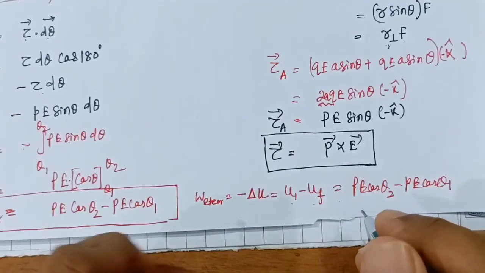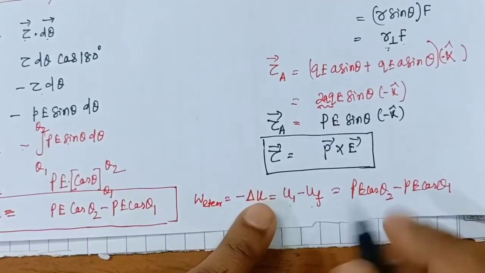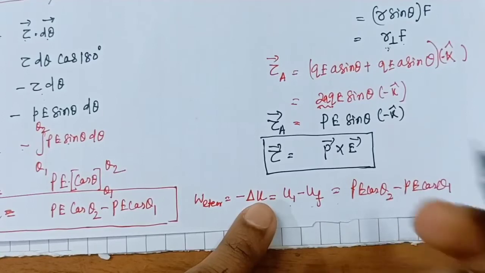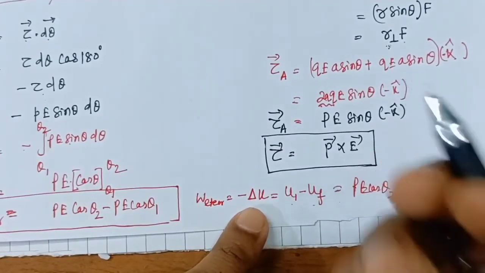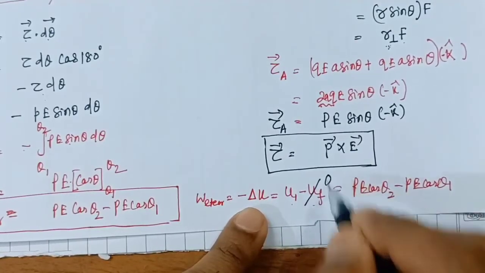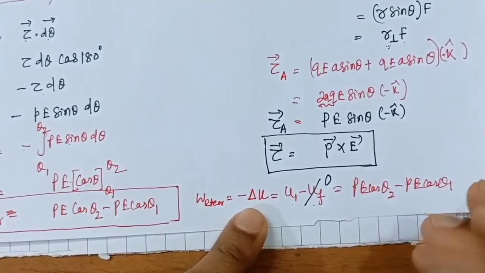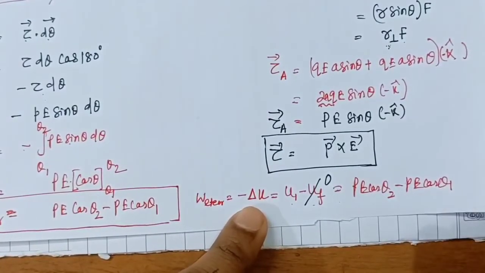If I want to go for the potential energy at a specific position, one of the values has to be assumed 0. Actually there is no single potential at any point; there will be a potential difference. We assume one point to be 0, just as the potential at infinity is treated as 0.